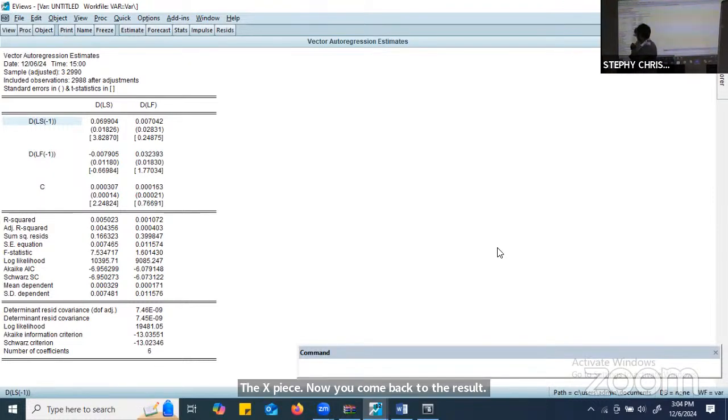This is the first equation. Dependent variable is D of LS. This depends on its lagged value, followed by the lagged value of futures.